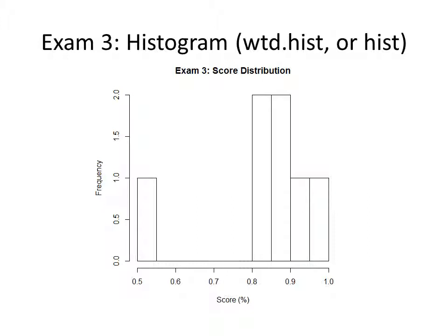And here you see that visual representation of the measures of central tendency and dispersion that we've just seen. The lowest score is on the left, the highest score is on the right, and you see that most folks in the class scored from a B- to a perfect score.